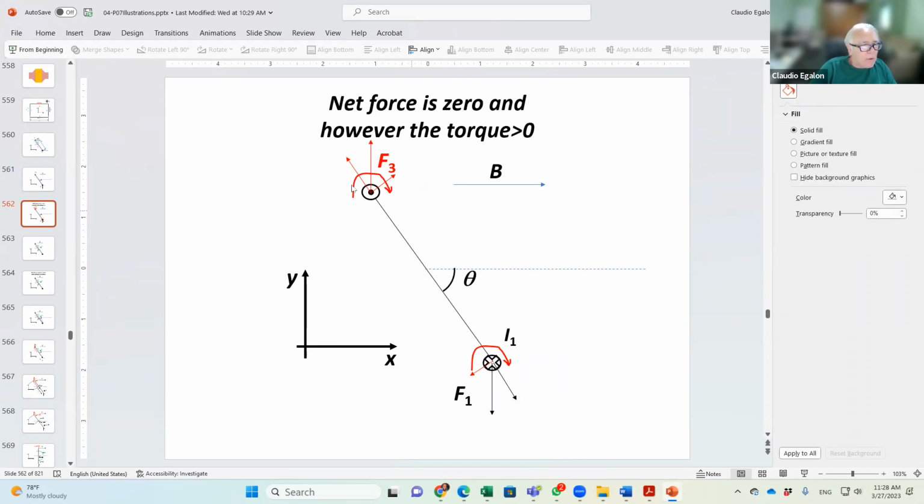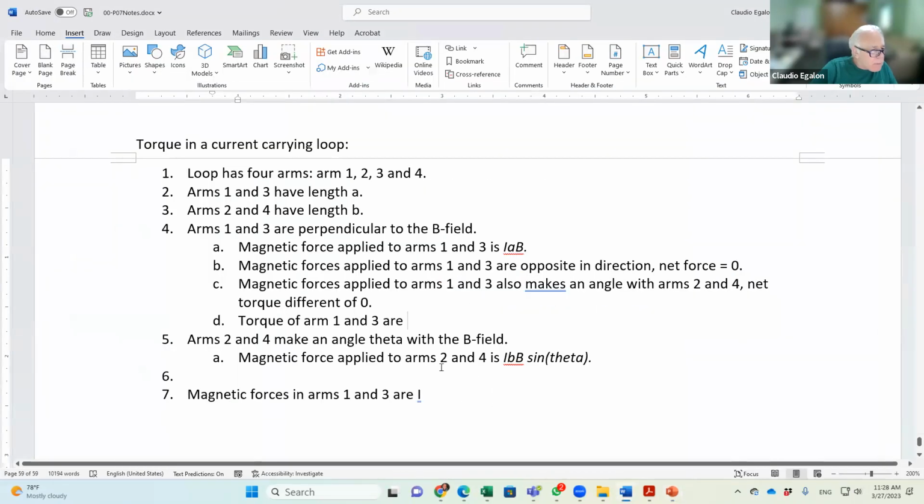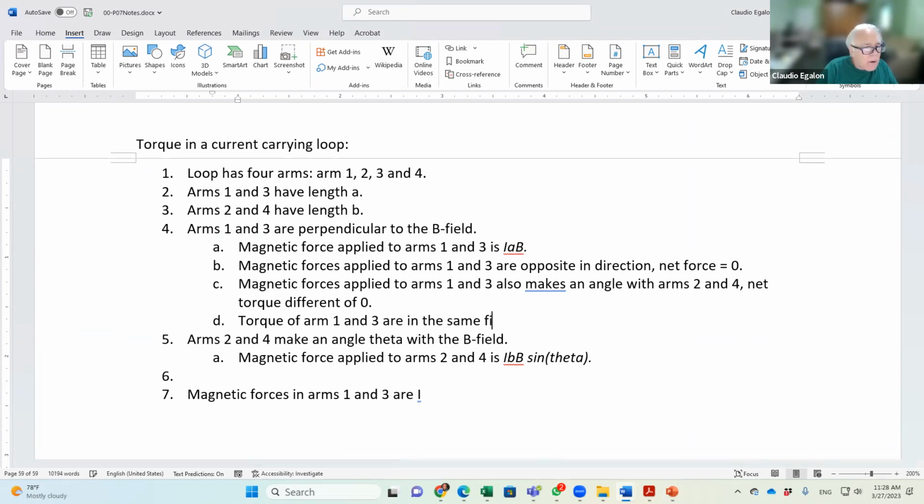You have to look at the proper angle here. We're running out of time, it's almost 11:30. The torque on arms 1 and 3 are in the same direction and reinforce each other.